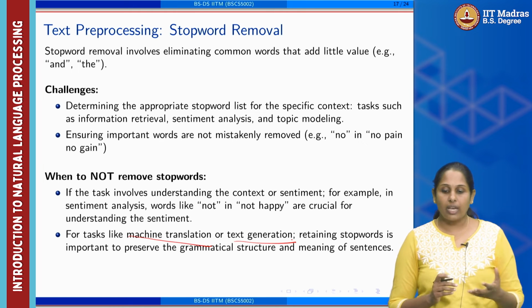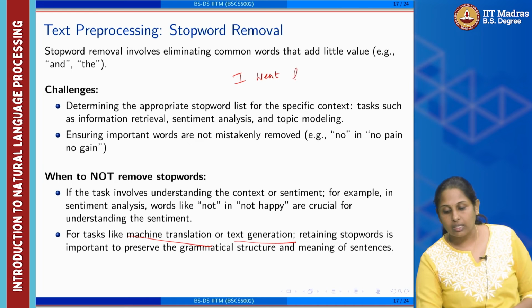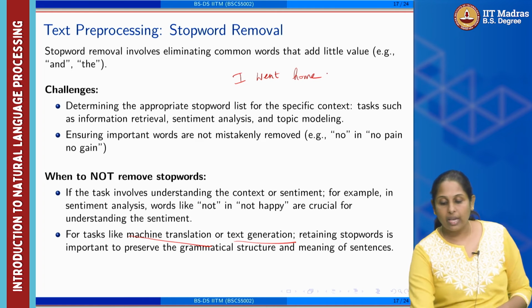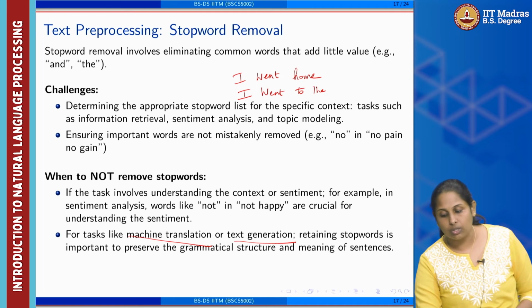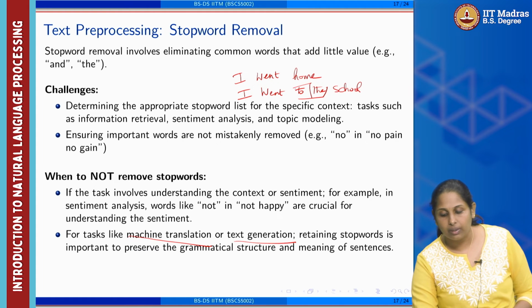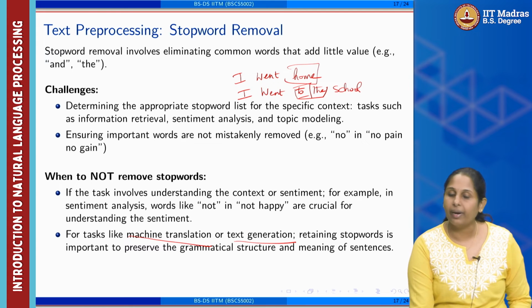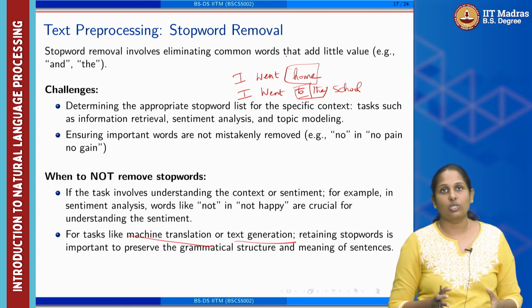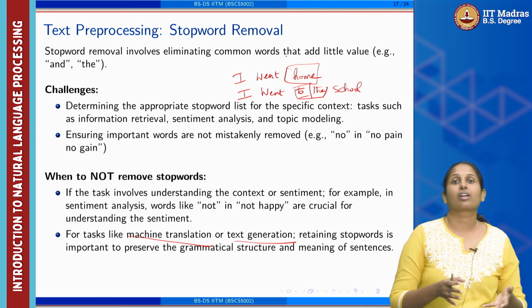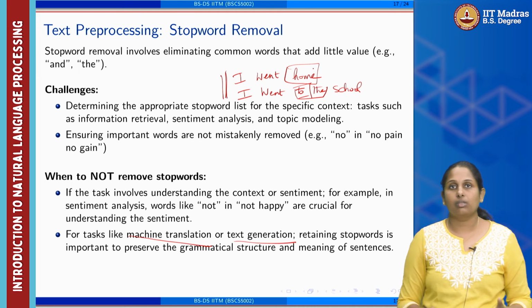Because when you say something like I went home, this sentence is perfectly all right, but when you say I went school, you cannot say that. You have to say I went to the school, right? In this case, to is a very important factor because it gives you the destination. But in English, home may not require the marker to. So there are contexts in languages where to use a functional element and where not to use it. But when you look at these two constructions, they are similar.